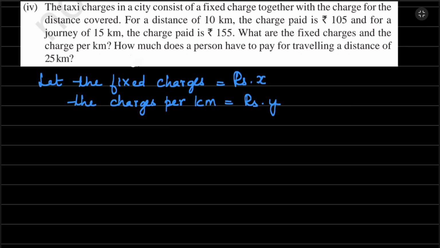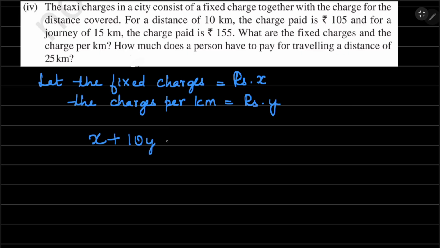Okay, now according to the question, what is the first condition? For a distance of 10 kilometers, that means fixed charge is X plus, for each kilometer, the cost is Y. So for 10 kilometers, how much will it be? 10Y. So X plus 10Y is the total charge. How much has the person paid? 105.